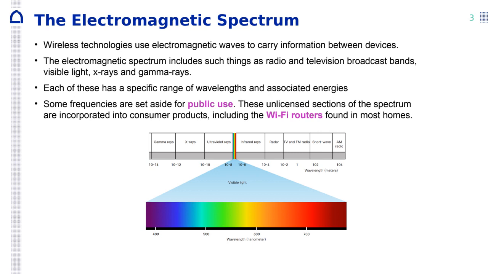Some frequencies are set aside for public use. These unlicensed sections of the spectrum are incorporated into Wi-Fi. So the Wi-Fi devices that you buy use a specific range of frequency. Please listen to me, because some ranges you are not allowed to use.